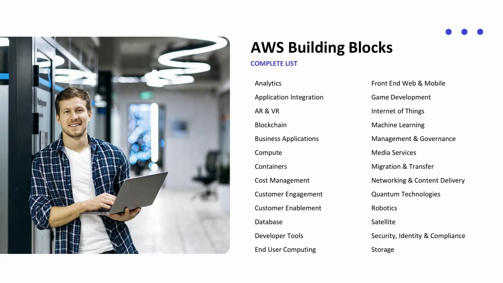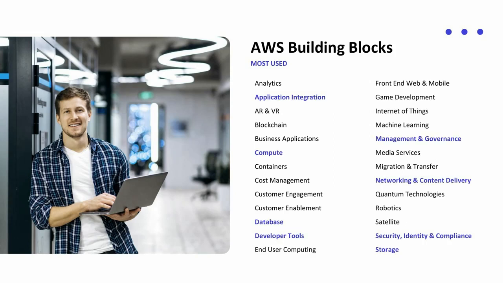So within the building blocks, our goal here is obviously not to go through each one. We'd be here for a few weeks, but really to look at some of the common ones, right? The AWS ecosystem is so large. Some of the most common services, I would say from a starting point, are compute, storage, database, and networking.